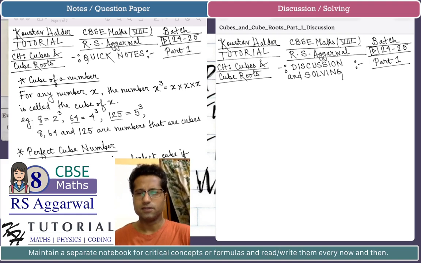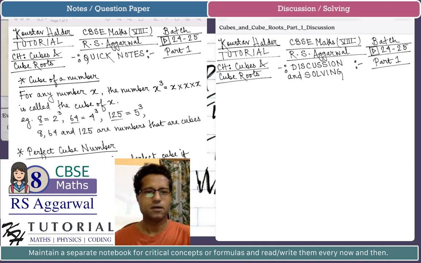On the right hand side, I will do the discussion and solving, and on the left hand side, you can see my notes. I hope the fonts are big enough so that you can read it. But anyway, I will also provide the link to my quick notes in the description below. It will be a PDF.